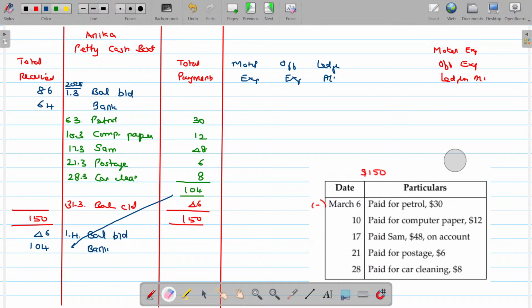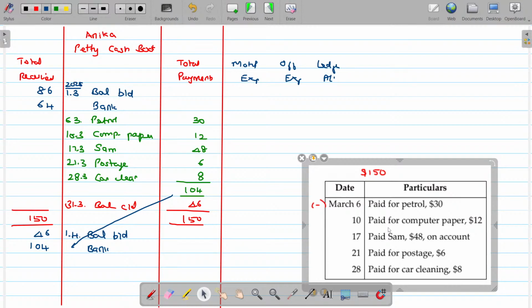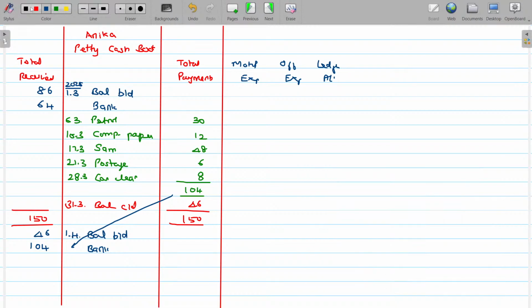I will try to solve this one now. Come on, guess. Petrol is related to what? Motor only, no? For running machines or a bike, car, whatever it may be. Computer paper is related to office expenses. Any party that is paid falls under the ledger account.